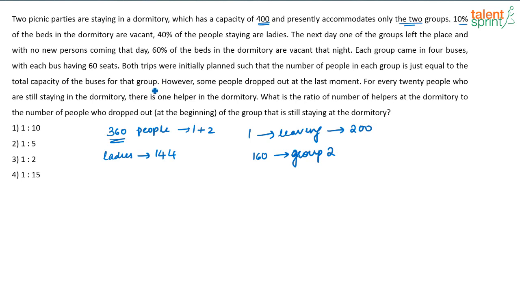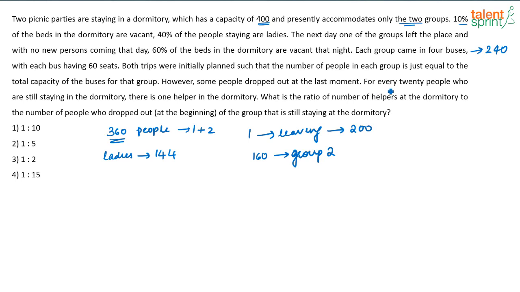Each group is coming in 4 buses having 60 seats, so the total capacity of all the 4 buses put together is 240 for each group. They were planning to bring 240 people in group 1 and 240 people in group 2. But some people did not turn up.